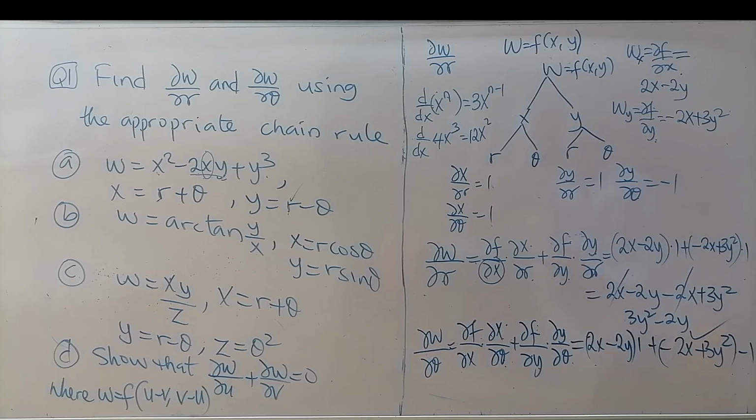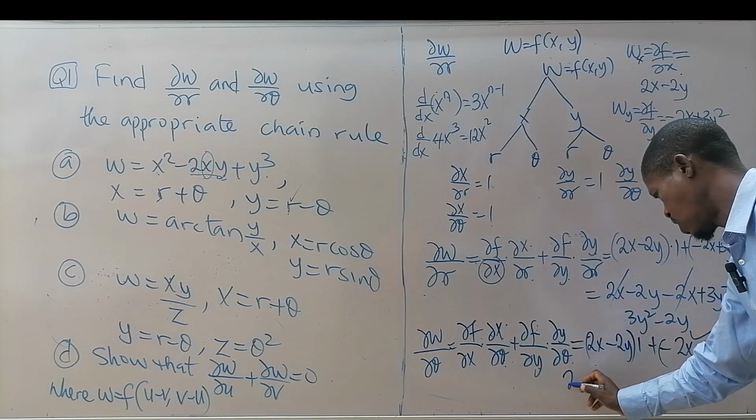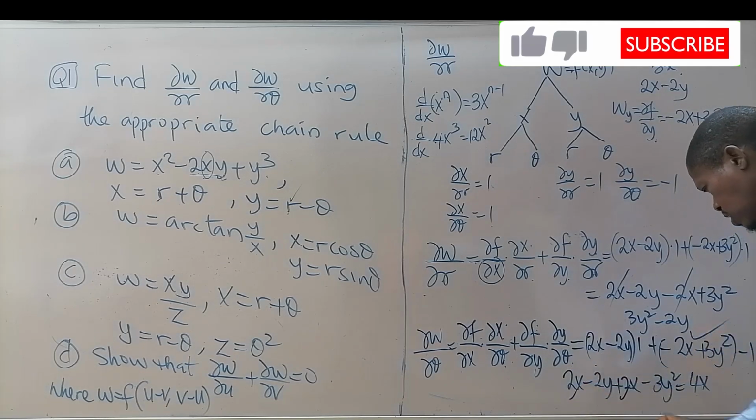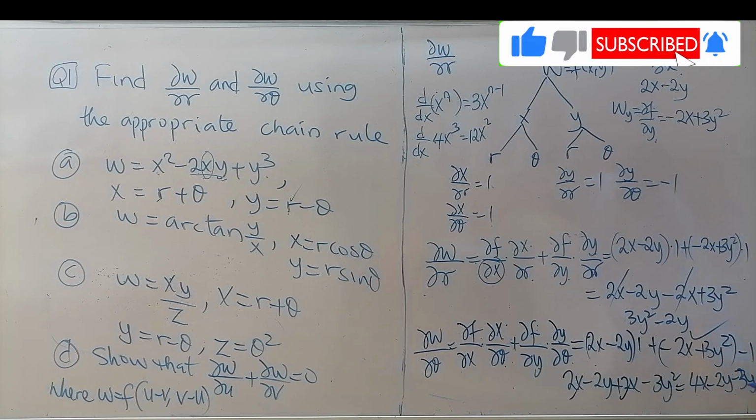You can do the algebra, and that will give you, we have this one and this one, that's 4x minus 2y minus 3y squared.